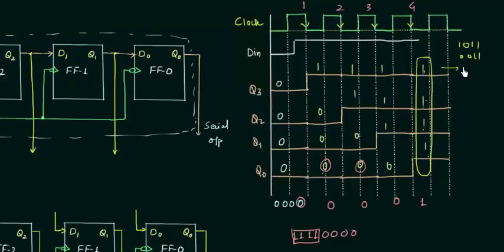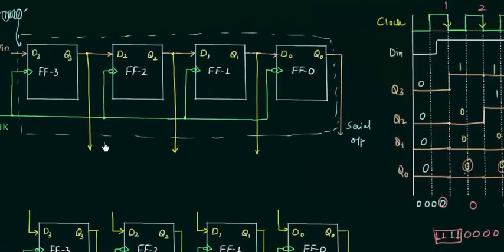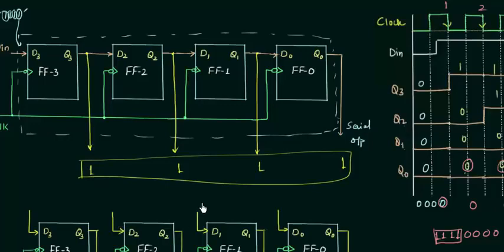Q3 is 1, Q2 is 1, Q1 is 1, Q0 is 1. So you can see we have our stored data as the output as soon as we pass the 4th clock pulse. So definitely we don't require more clock pulses to have this data out of this IC.